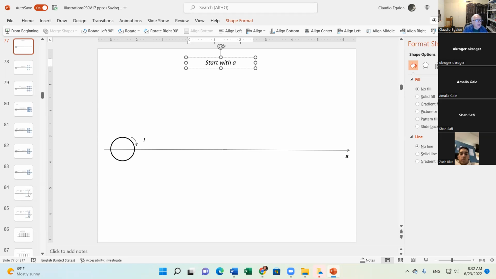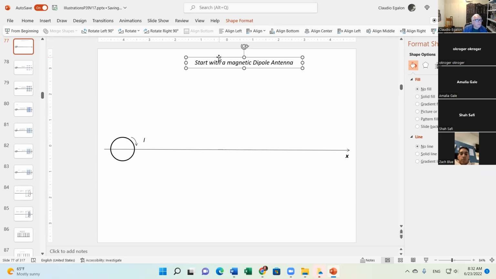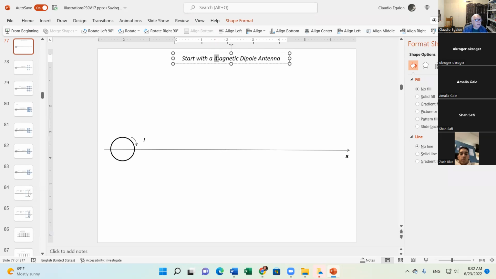Start with a magnetic dipole antenna. So you can have an AC source here powering this magnetic dipole.